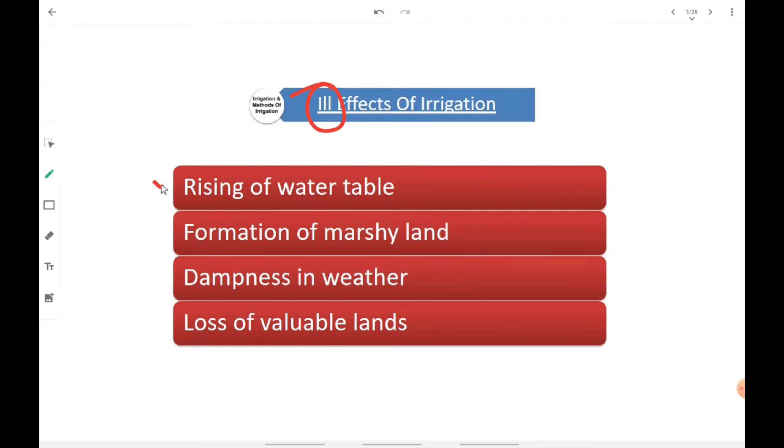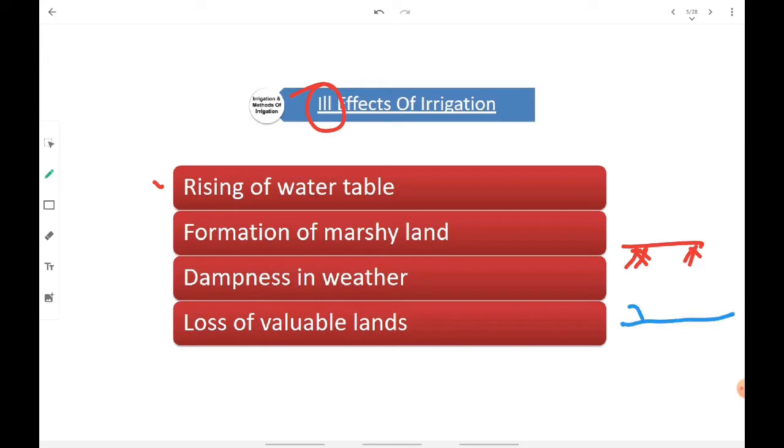Rising of water table. For example, groundwater table is there, and because of irrigation, continuous ponding of water will be taking place, continuous storage of water will be taking place. That's why what is going to happen, the overall water table, for example, this is the ground layer we are talking about. Okay, let's have blue pen over here.